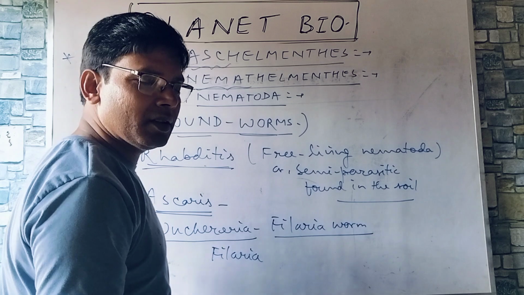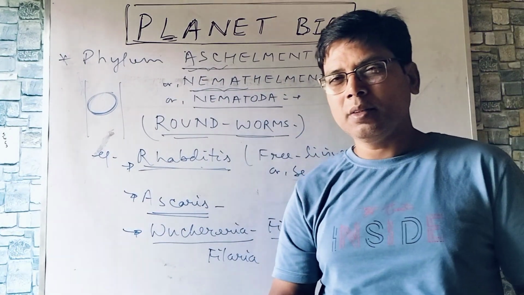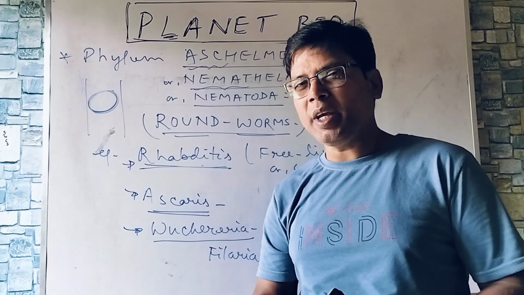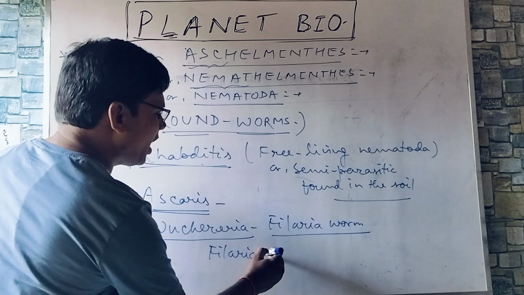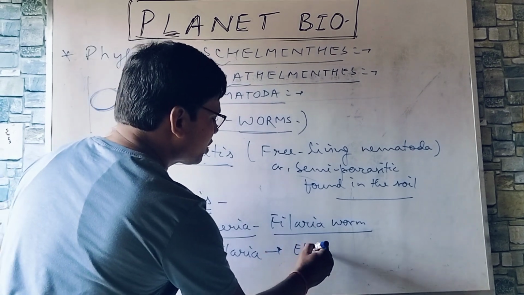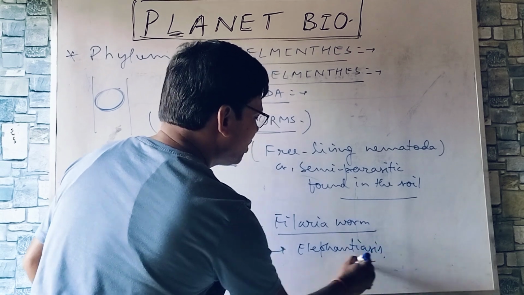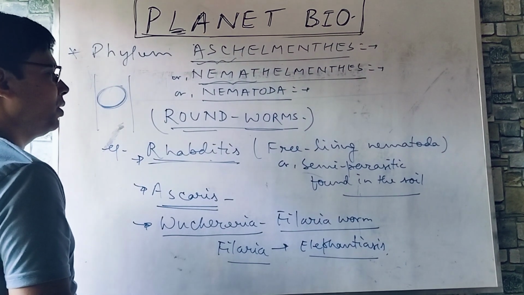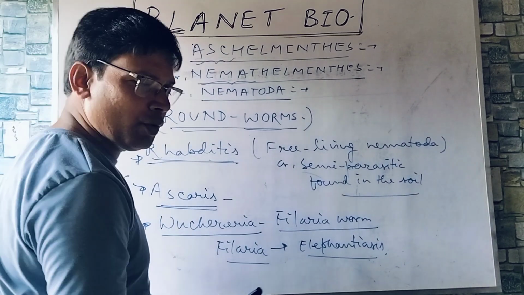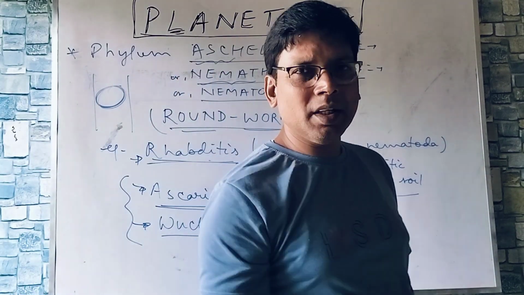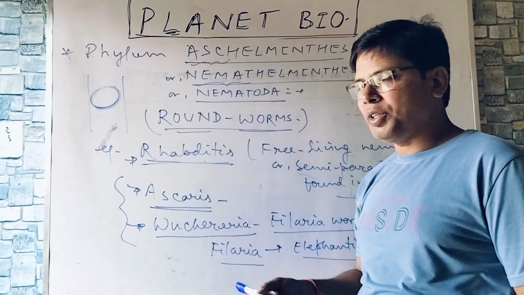What happens there? Limbs get infected and swollen, and sometimes hydrocele in males. Okay, so first it causes filariasis and then it leads to elephantiasis. So most of the roundworms are parasitic, but the only free living one is Rhabditis.